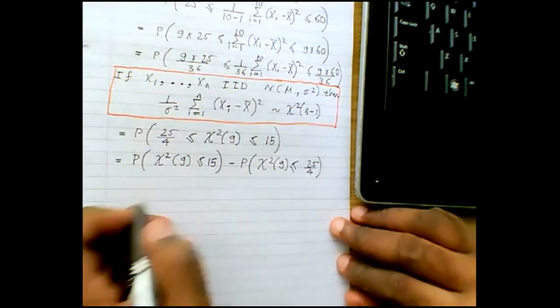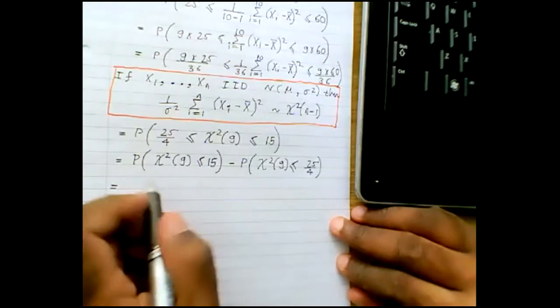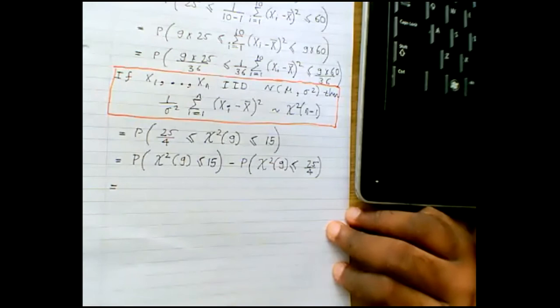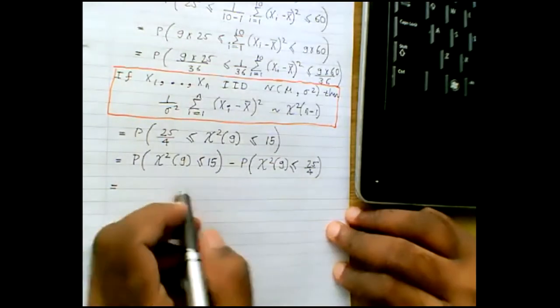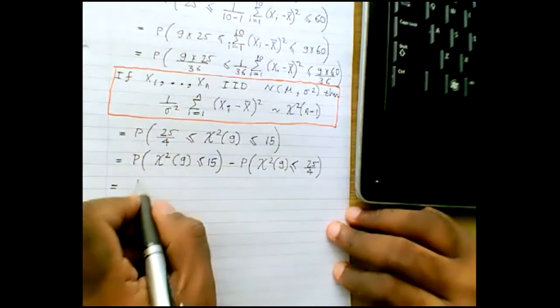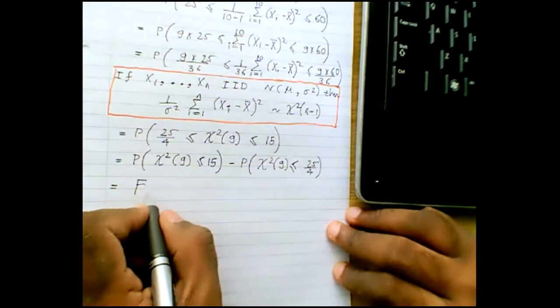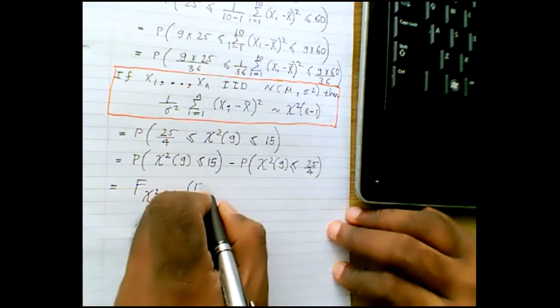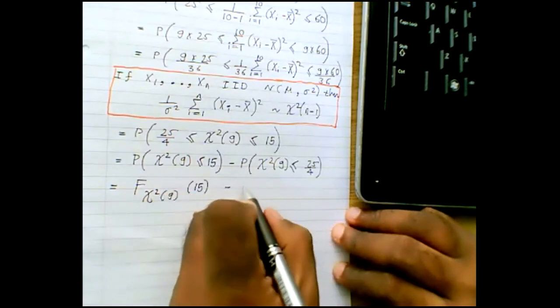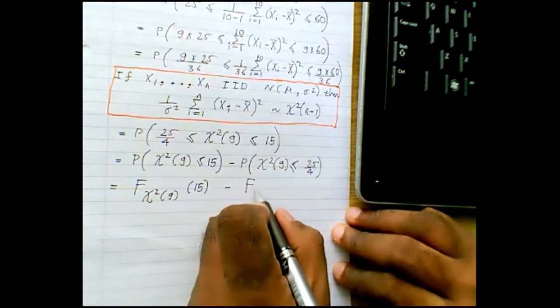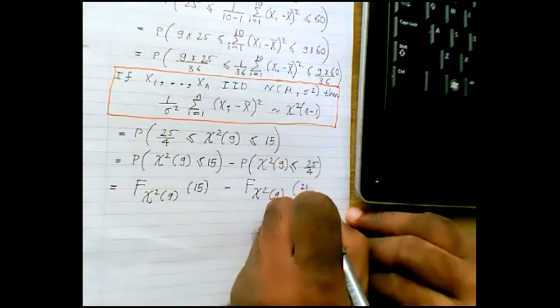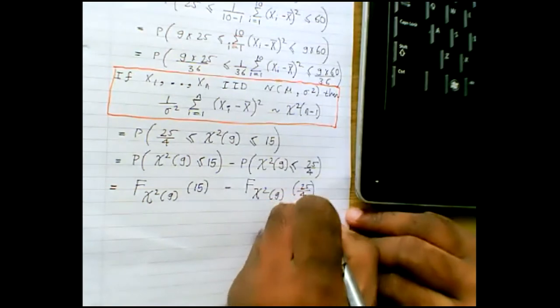Now what you have here, guys, is the CDF of a chi-squared variable with 9 degrees of freedom at 15. And this guy here is the CDF of a chi-squared variable at 25 by 4. Right?